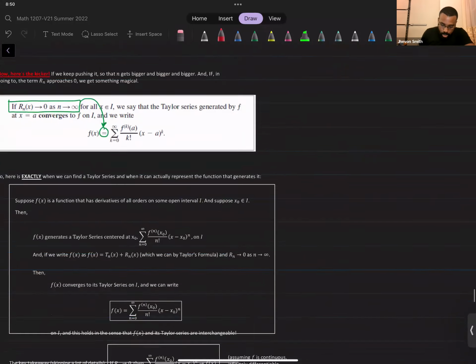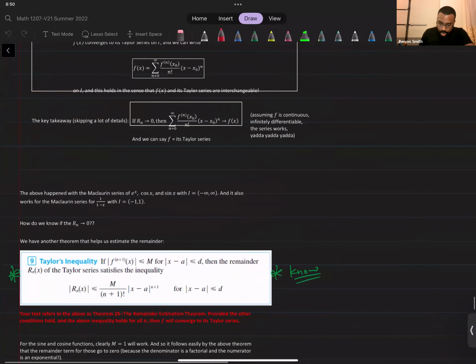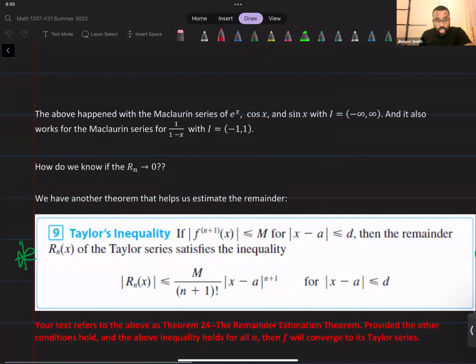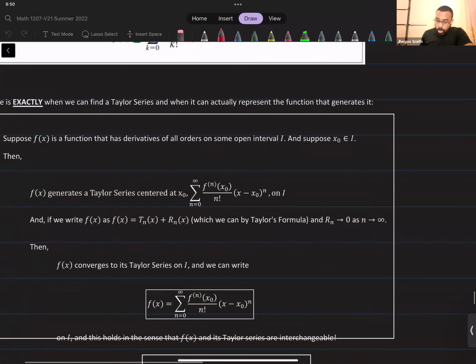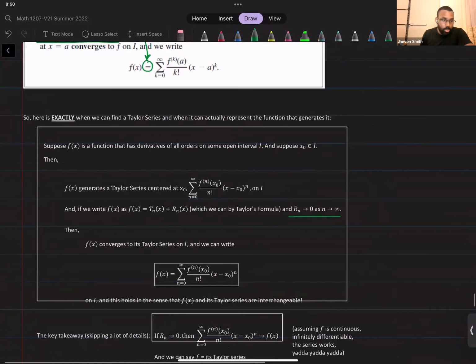But I definitely expect you to know this idea: know that the remainder term can be described by that, and know that if the remainder term approaches 0 as n approaches infinity, then your Taylor series and your function will be exactly the same thing. They're interchangeable. One can replace the other one.